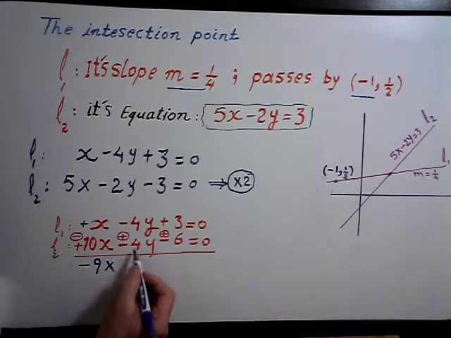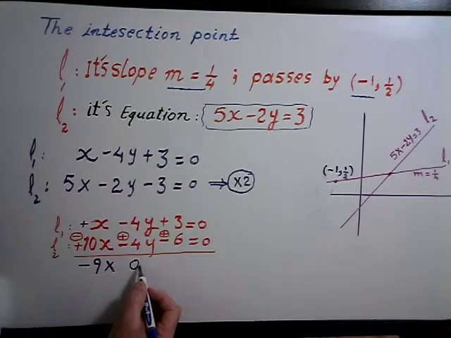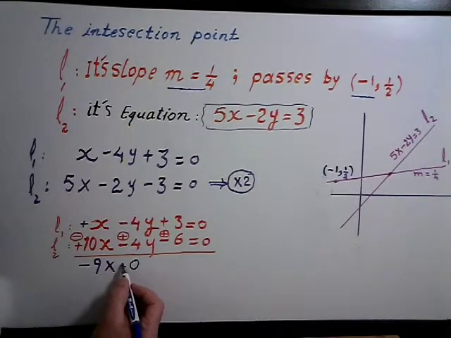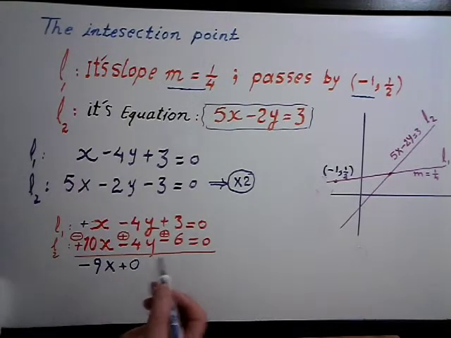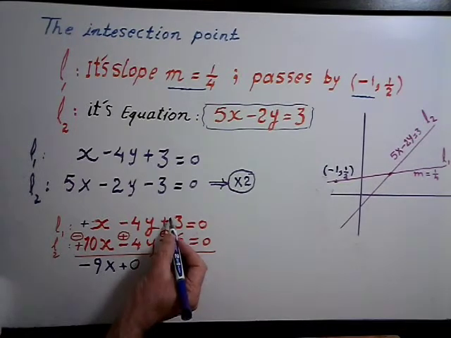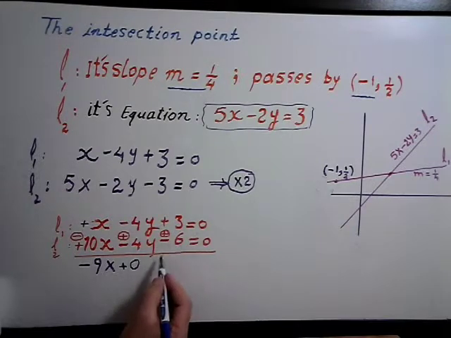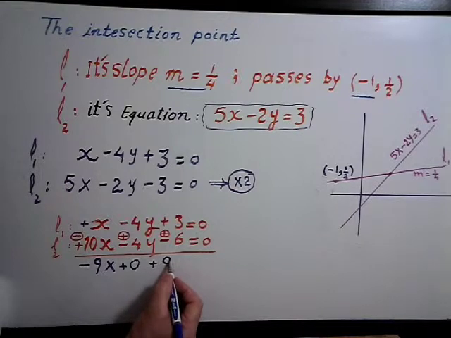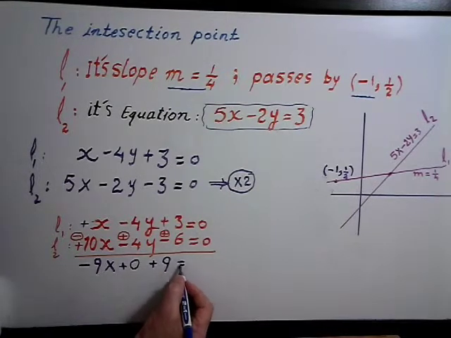Those cancel. And here we will have plus 3 and plus 6, that means plus 9, is equal to 0.